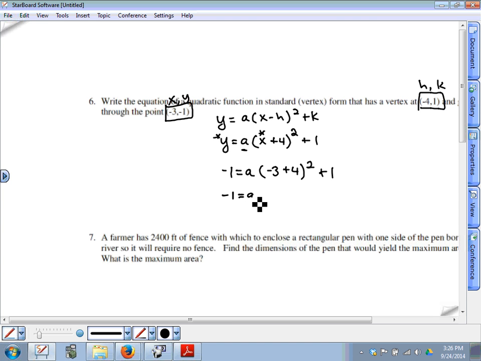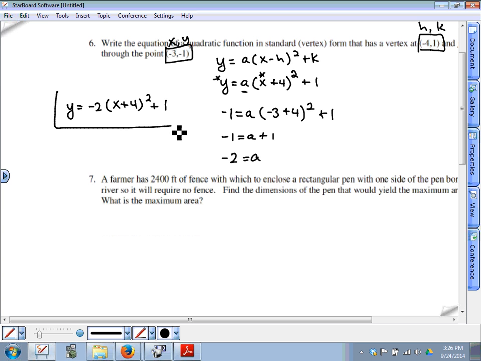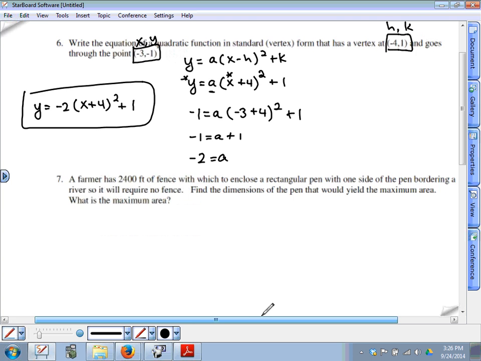So negative 1 equals a plus 1. If you subtract 1, you get negative 2 is equal to a. So the function is y equals negative 2 times x plus 4 squared plus 1.